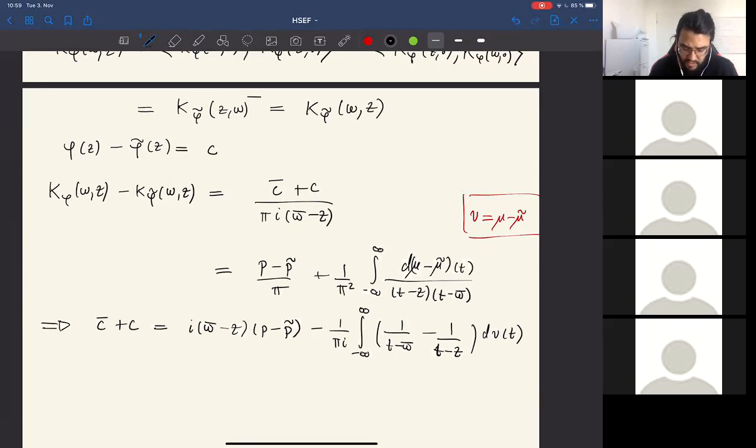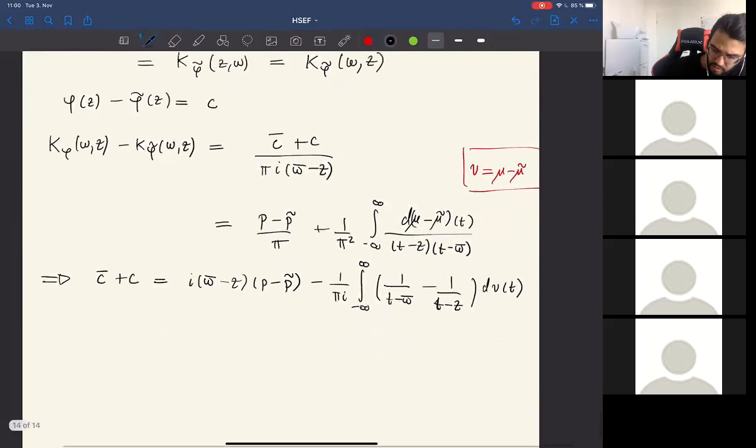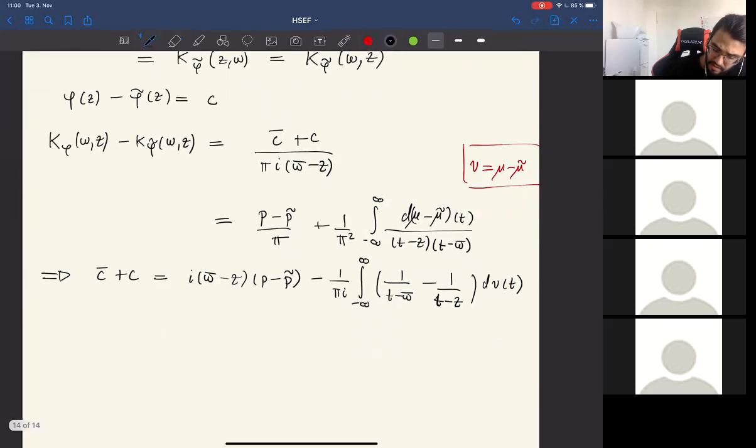Before I take the real part, let me do another step. You realize that now what you have is a function of w bar and a function of z, and you have a difference of these two guys on the right-hand side. And the difference of any two such things is a constant.